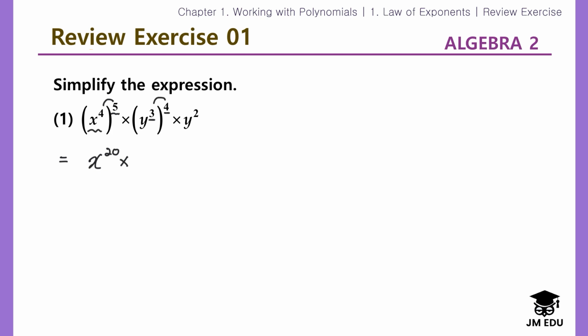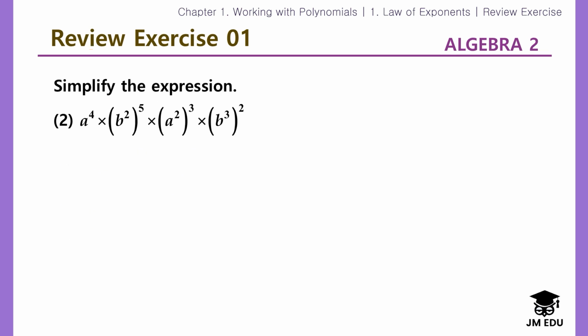Multiply these two, y to the 12 times y squared. So these two terms have the same base, so we can add exponents. x to the 20 times y to the 12 plus 2, right? So that is equal to x to the power of 20, y to the power of 14.